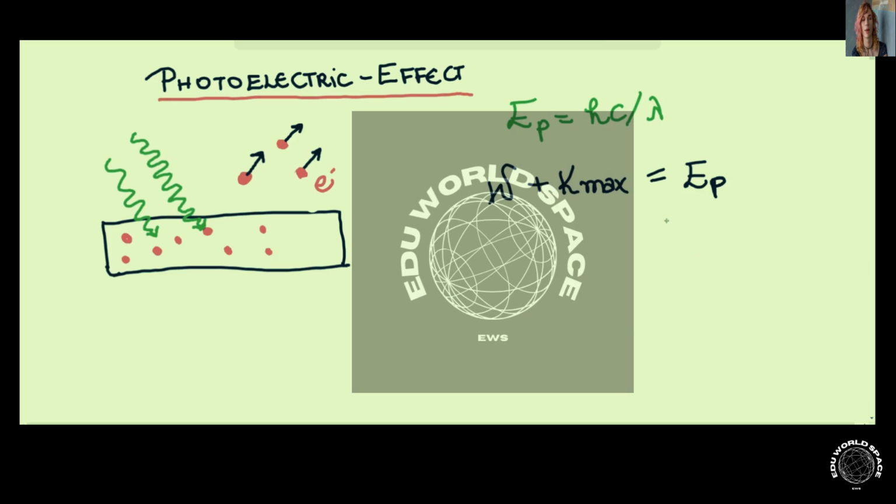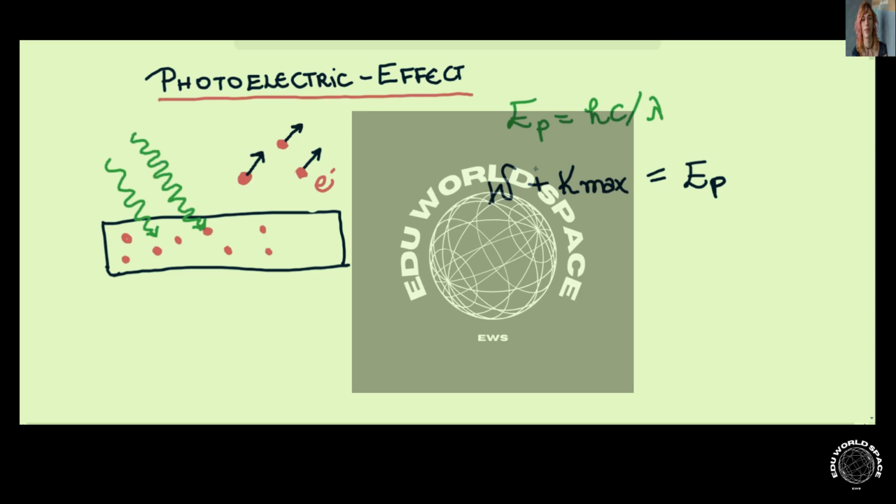So when the energy of the photon is greater than the work function, part of the energy goes to release the electron from the atomic binding, and the remaining part, if any, goes to the kinetic energy of the electron.